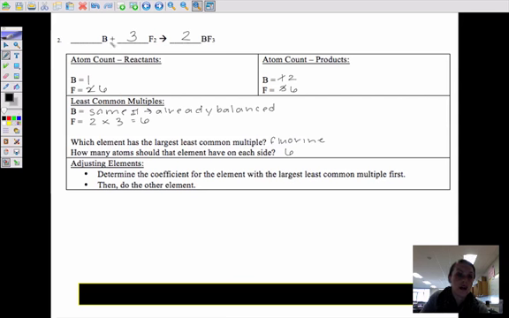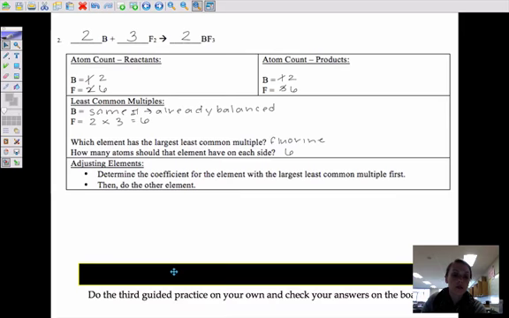And again, luckily for us, the boron on the left has a subscript of 1, so I'm going to put a 2 in front of it. So 2 atoms of boron means there's 2 atoms of boron. So if I look at my atom count, I have the same number of boron atoms on both sides and the same number of fluorine atoms on both sides. And my coefficients are 2, 3, 2.